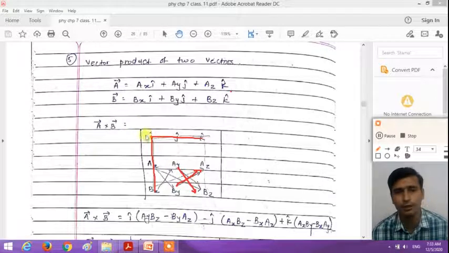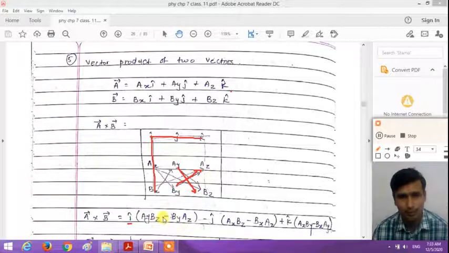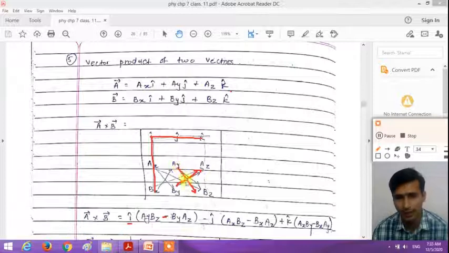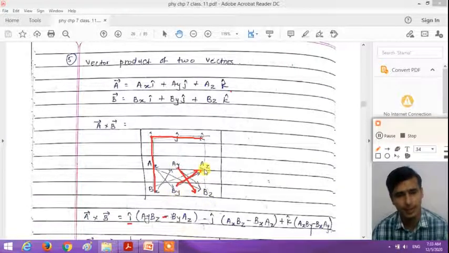To find the x component of A cross B, write i, eliminate the row and column containing i, then multiply from left to right AY BZ and BY AZ, always putting a minus between these two terms. So we get the x component: AY BZ minus BY AZ.